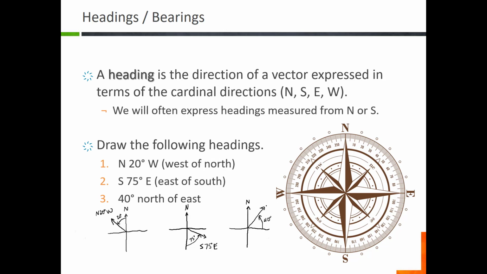We could also write this vector as north, how many degrees east? If it's 40 degrees here and up to the north axis would be a total of 90 degrees, then we could also think of this as north 50 degrees east. So there are different ways you could phrase it: north 50 degrees east, or 40 degrees north of east.